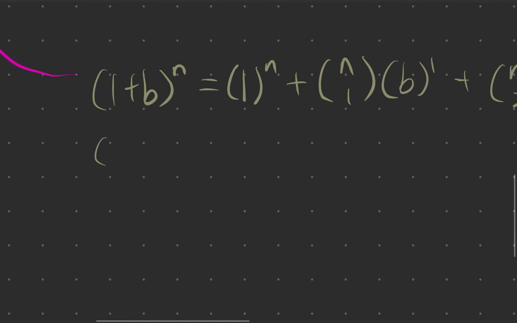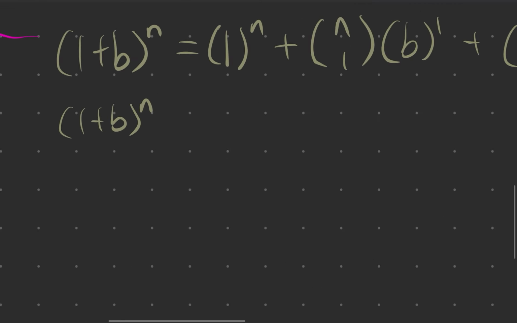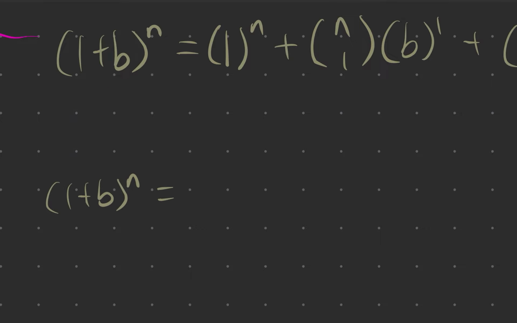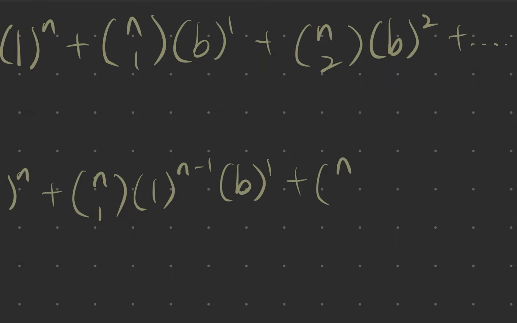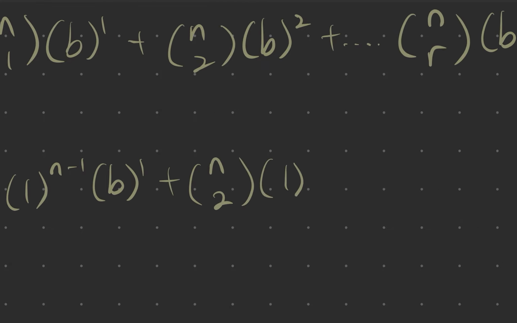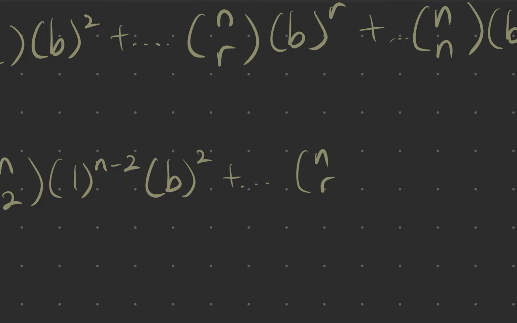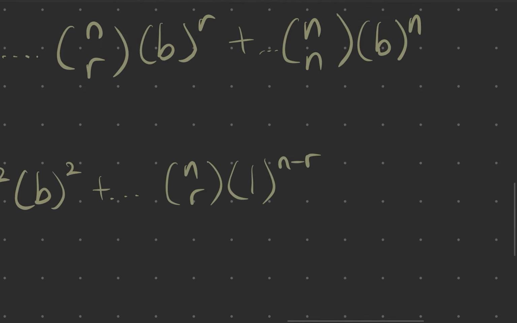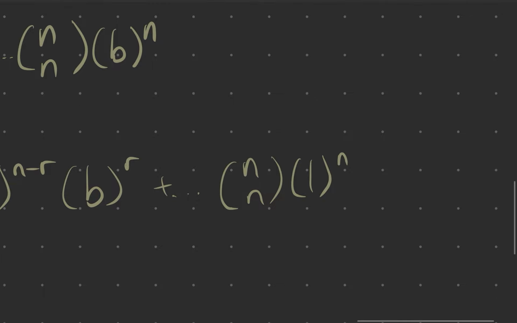If we try to find (1 + b)^n using the general formula, which is just 1^n plus n choose 1 times 1^(n-1) times b^1 plus n choose 2 times 1^(n-2) times b^2, and then you go on all the way to n choose r times 1^(n-r) times b^r, and then it goes on until n choose n times 1^(n-n) times b^n.